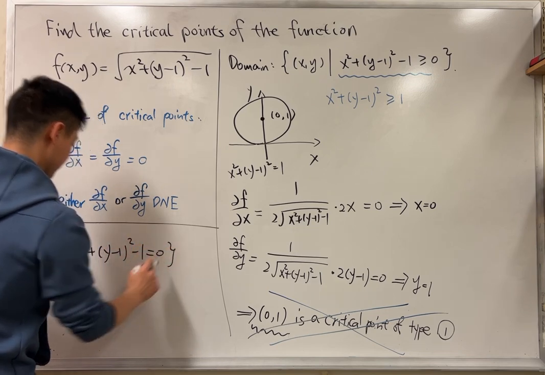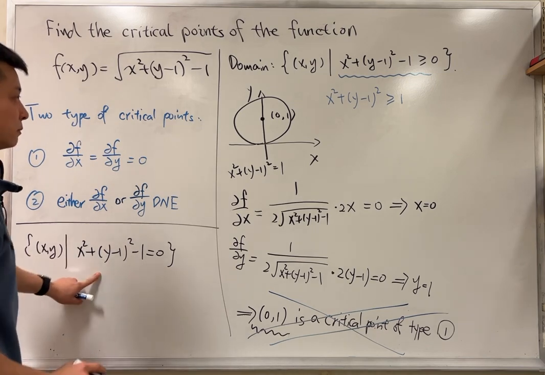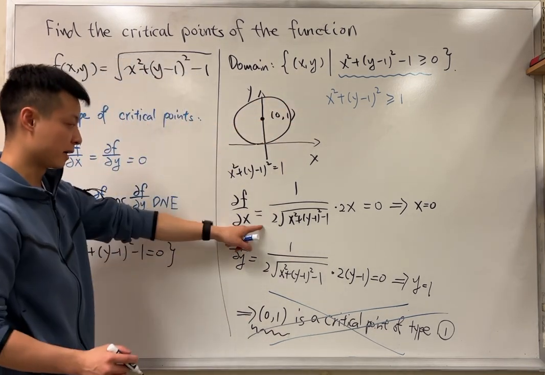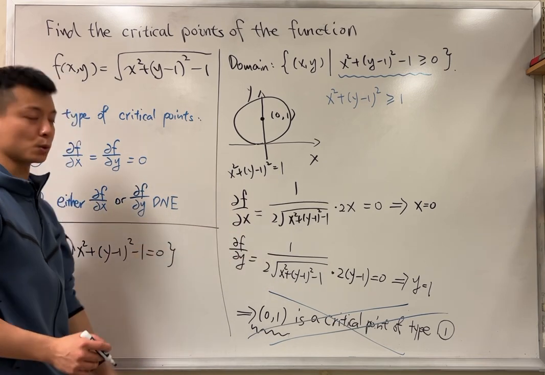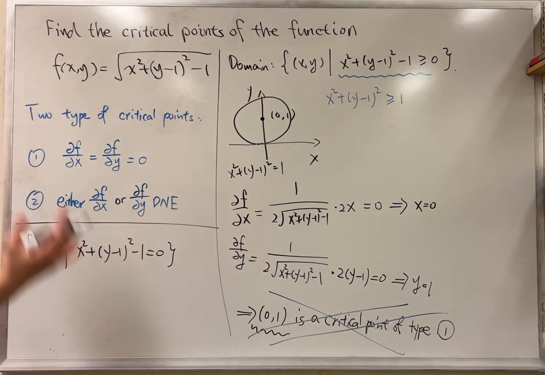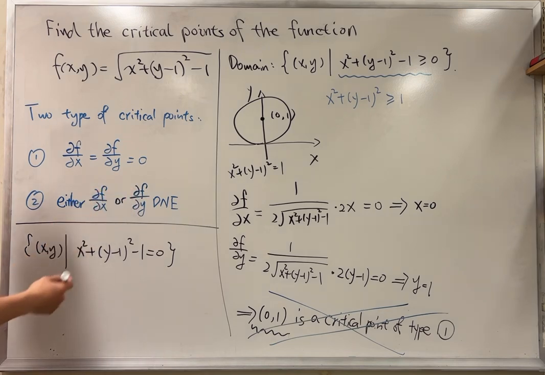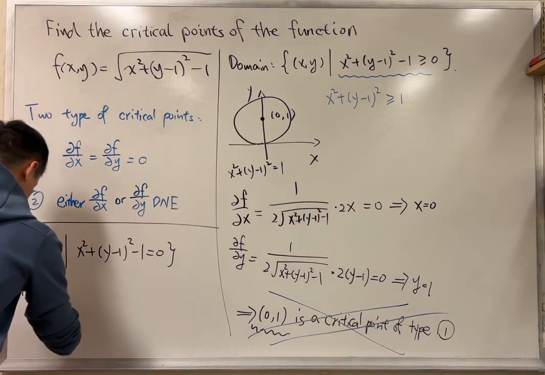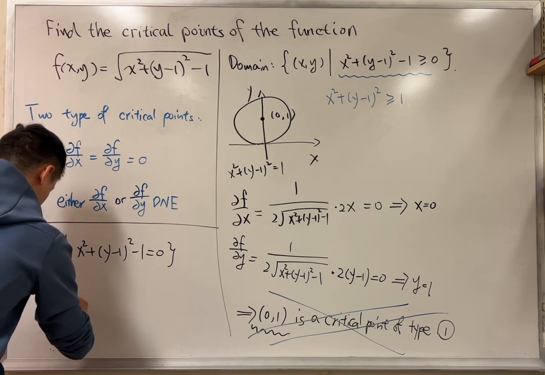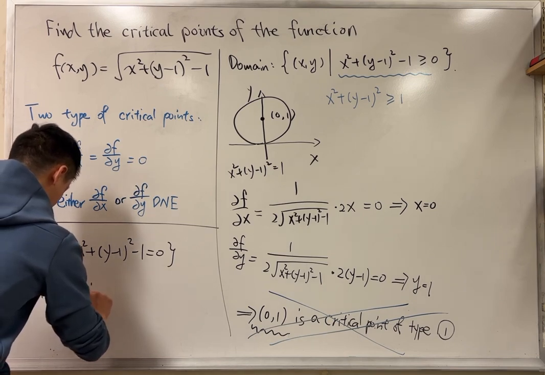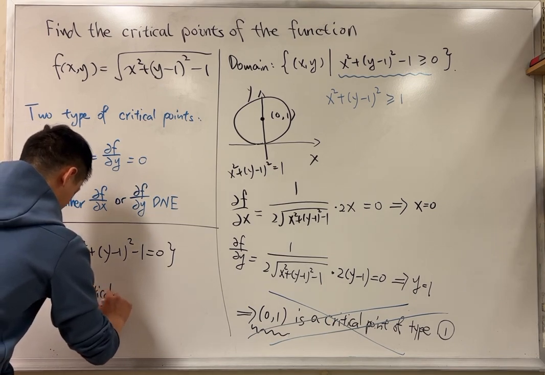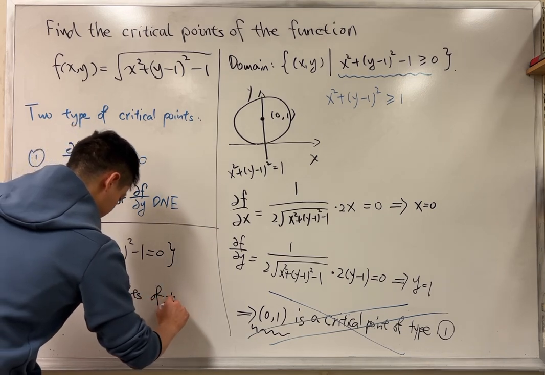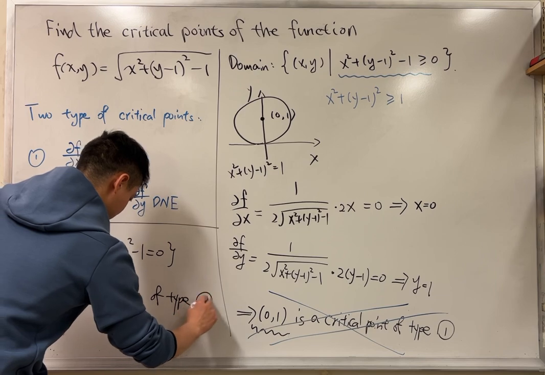Okay. These points are inside the domain, but at the same time, they make this partial derivative not defined, not exist. Okay, so we're going to say that this is the set of critical points of type number 2.